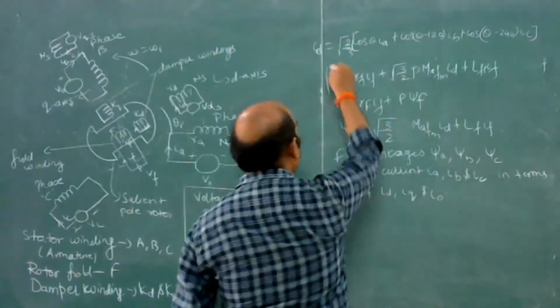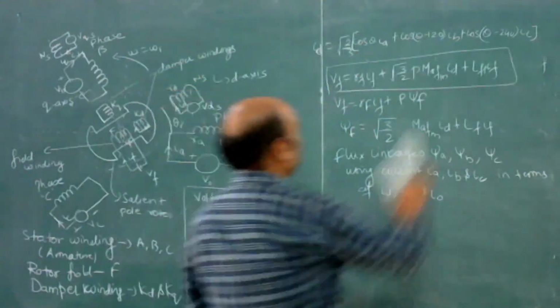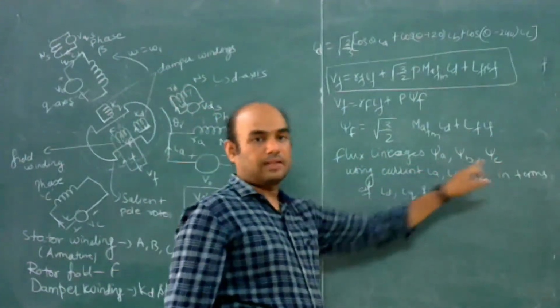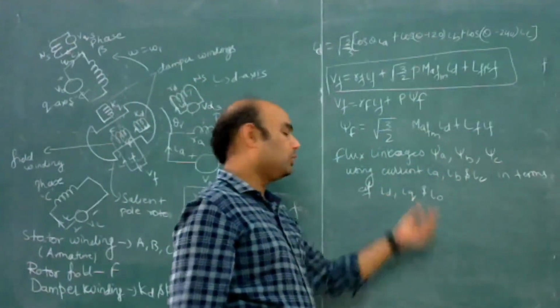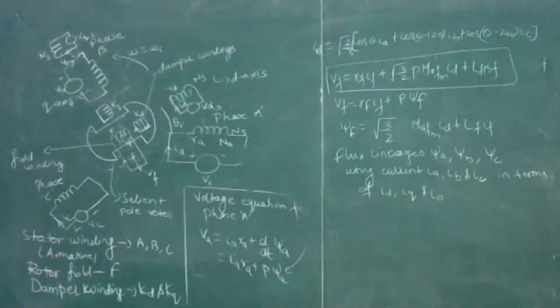So we had converted Vs in terms of I. Similarly, we can convert this psi A, psi B, and psi C in terms of ID, IQ, and I. So the revision of this is very laborious.